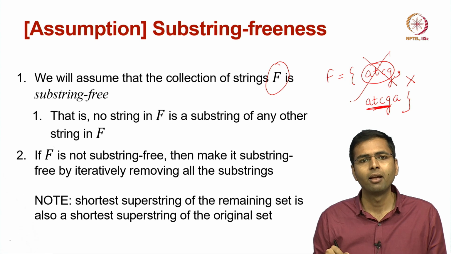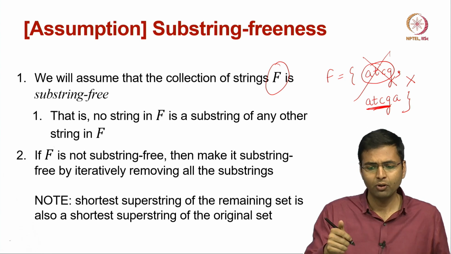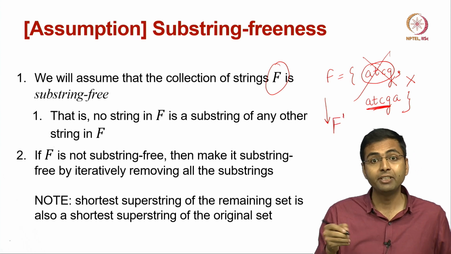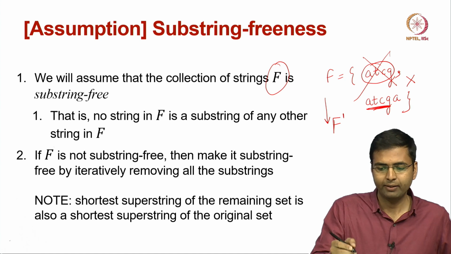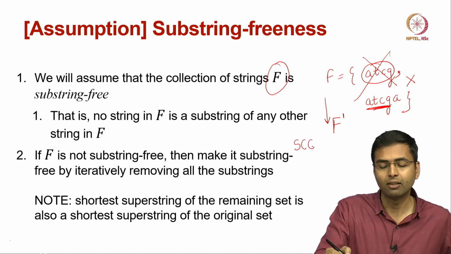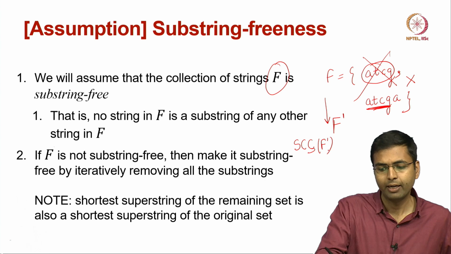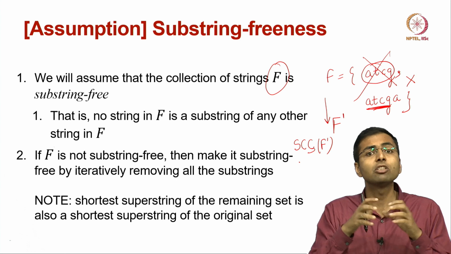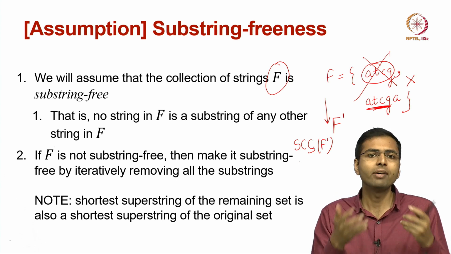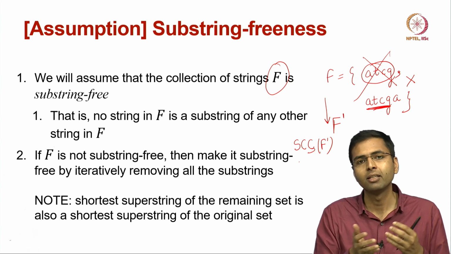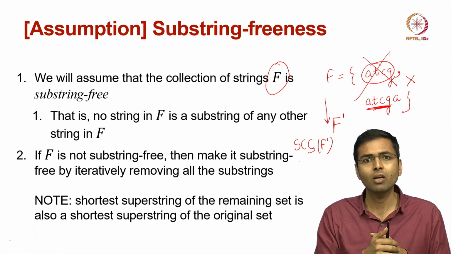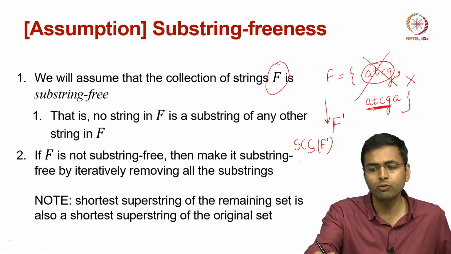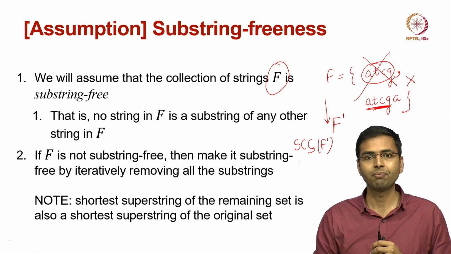And it is also easy to observe that if we construct a set f prime which is now substring free, then the shortest common superstring for f prime is also a shortest common superstring of f, because all we did was remove the substrings.